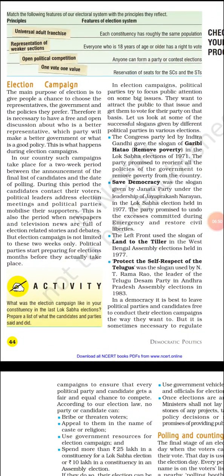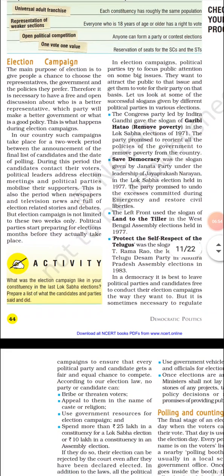Then Land to the Tiller, for the Left Front or the Communist Party, in West Bengal. And Protect the Self-Respect of Telugus, the slogan used by N.T. Rama Rao, the leader of Telugu Desam Party in the Andhra Pradesh Assembly. So these are the slogans.